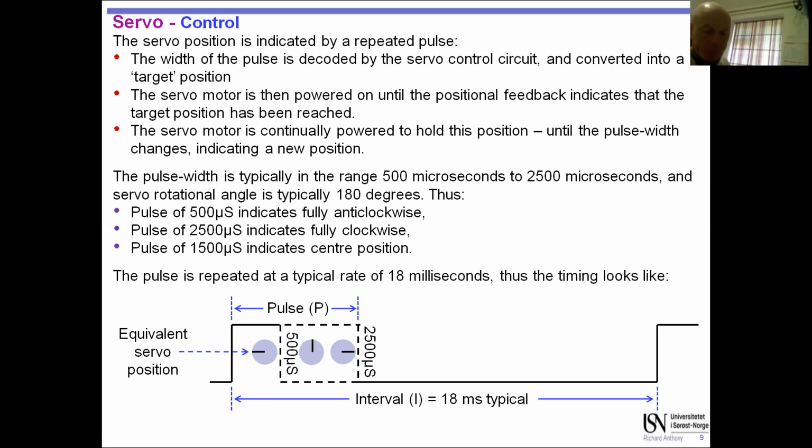Now, within that, the actual width of the pulse has to be controlled to give you the meaning that you want, to translate into a position. So there's a range of values that are valid. You can't use this whole range because for safety reasons, it has to have time to respond before the next one comes. Because remember, a servo is an electromagnetic device. It moves, and it's got this gearbox, which makes it even slower.